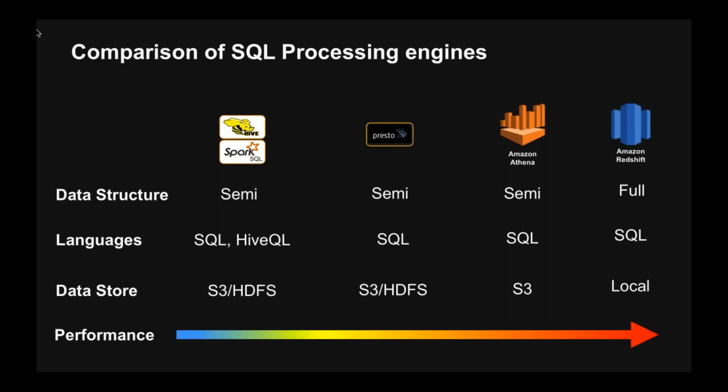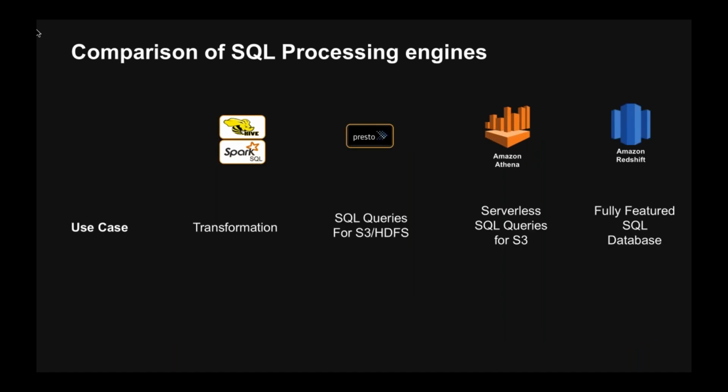So what kind of use case then do these facets lend itself to? We find that Hive and Spark SQL tend to be used more for transformation type of workloads, as opposed to queries where you're kind of expecting a result set back. It's more for transforming data from one format to another, for example, or you're actually putting some business logic into that transformation as well. And then Presto for SQL queries that are going to hit S3 or HDFS.